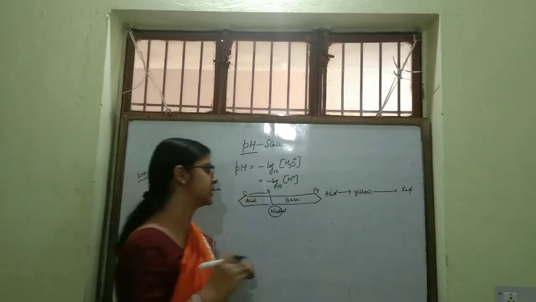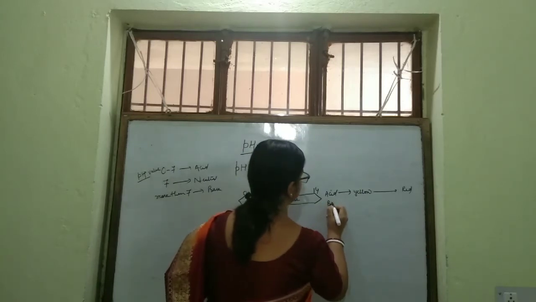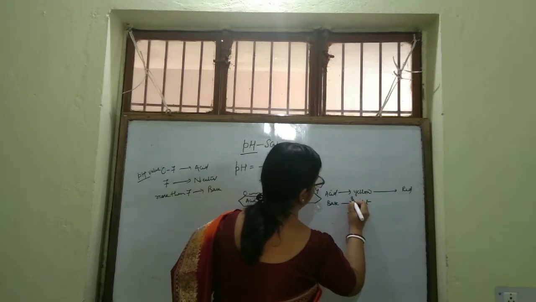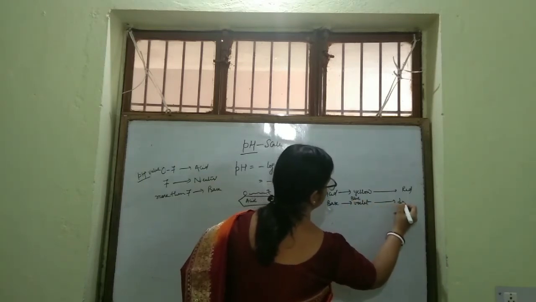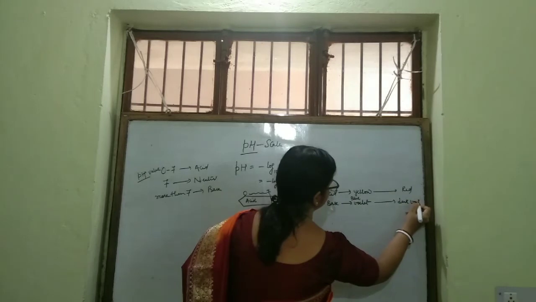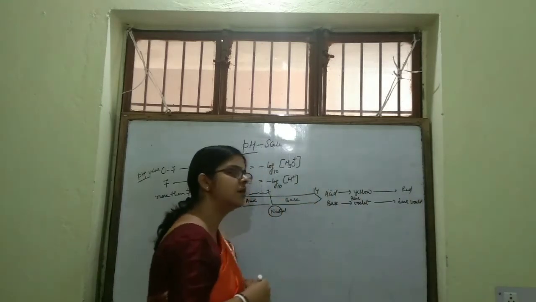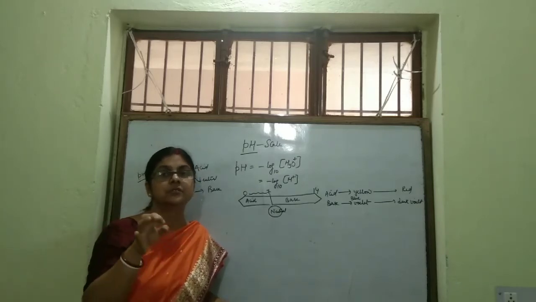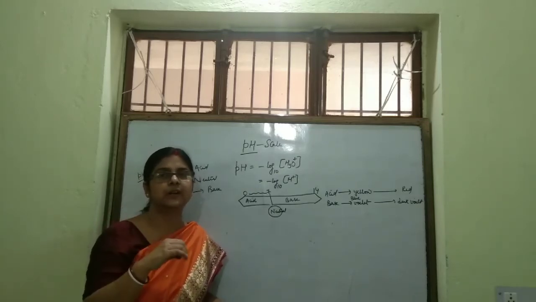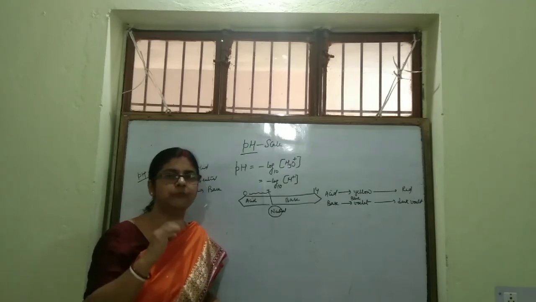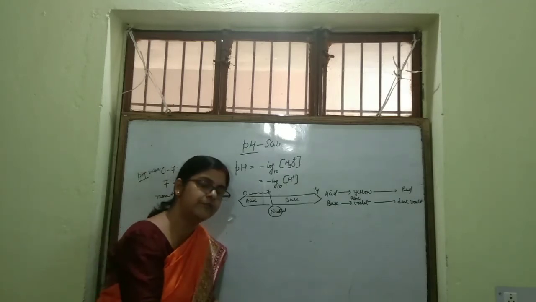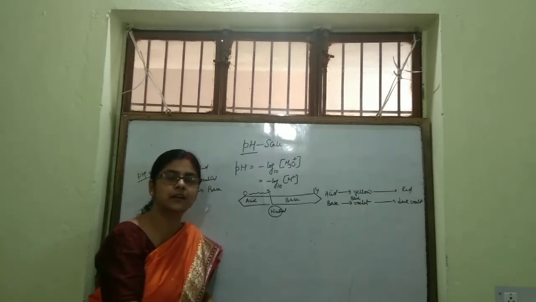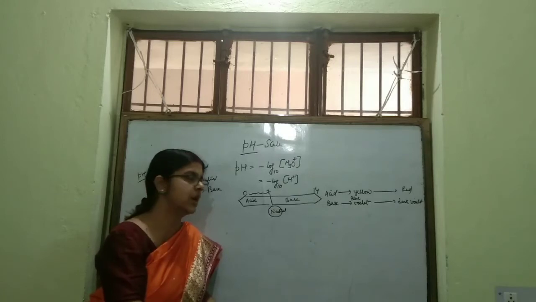Next, for base, the color ranges from blue, violet to dark violet. For a strong base like NaOH, if you put it on pH paper, you will see the color change to dark violet.